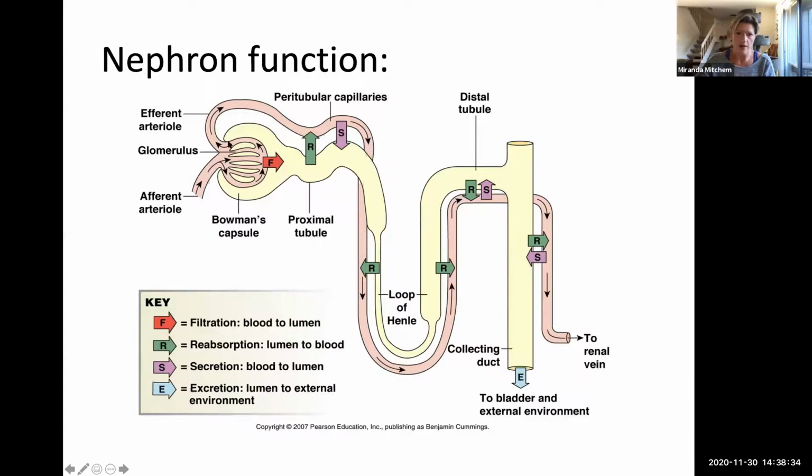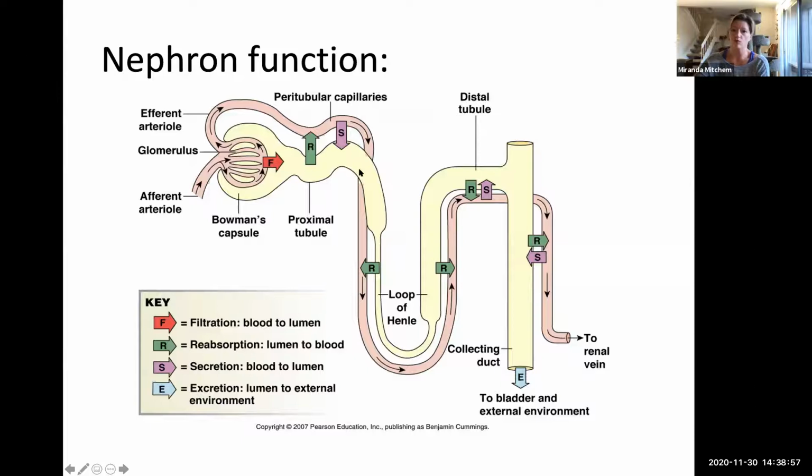And then the blood goes right back out the efferent arteriole, and then feeds the peritubular capillaries. So this is definitely meeting the definition of a portal system in that we have these capillary beds that are connected together. So filtration happens in the corpuscle.